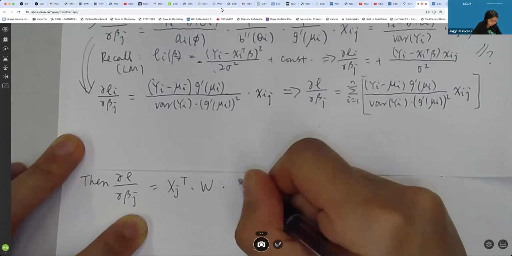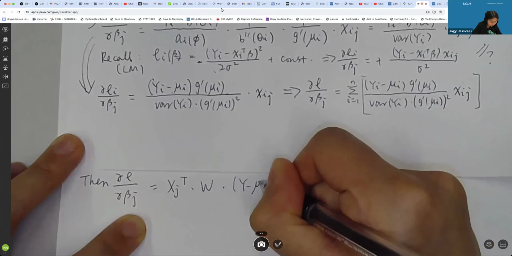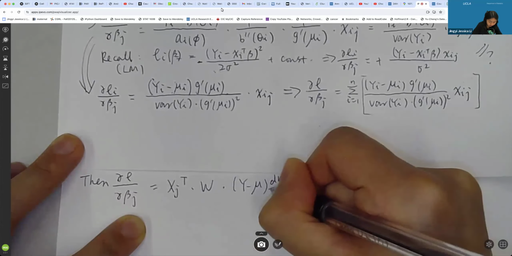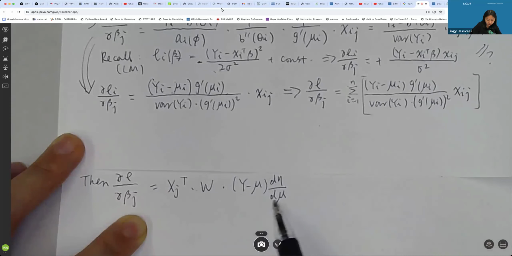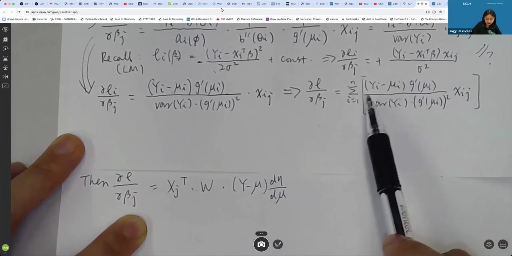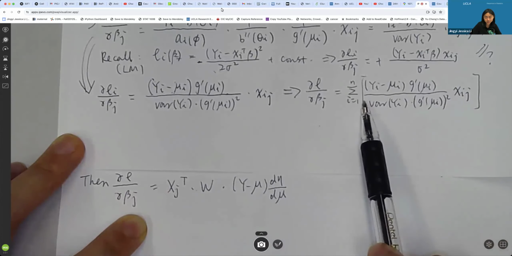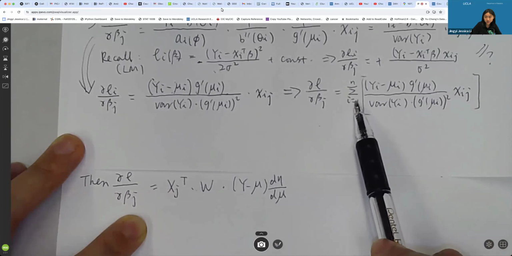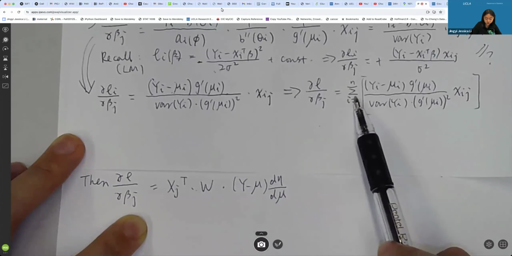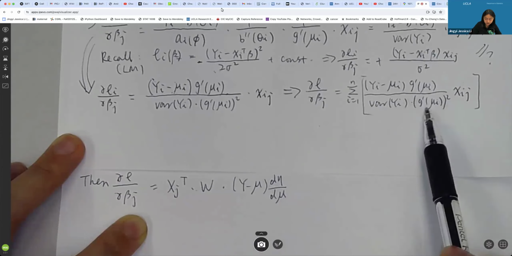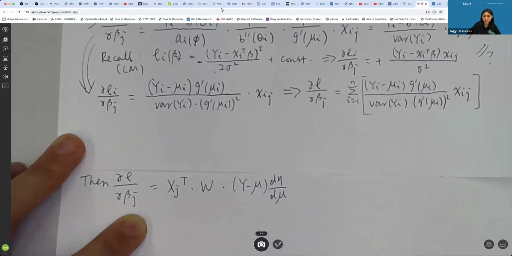The vector is y minus mu, d eta d mu. So y explains the denominator, this explains the numerator, and the summation is just the inner product over i. So that's why I'm changing it this way. Basically it's the inner product of xj, which is n-dimensional, and this thing, which is n-dimensional, that gives me the summation across i. But this weight is here to explain the denominator.